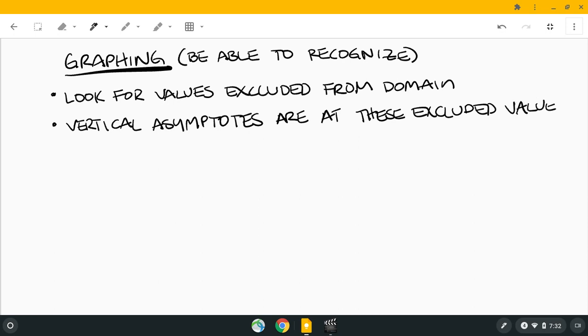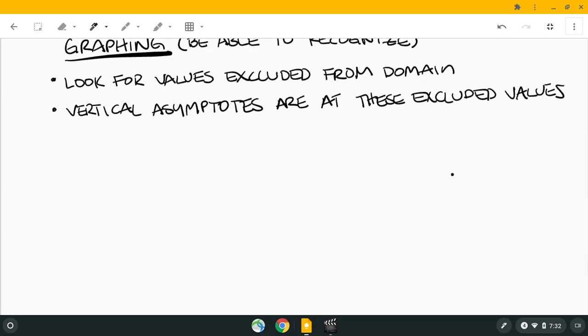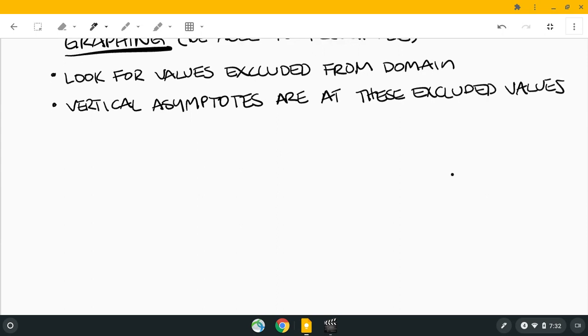Since x cannot equal those values, that means that you're not going to have your graph there. So you're going to have this sort of invisible vertical wall. That's kind of what the vertical asymptote is. It acts like an invisible vertical wall.